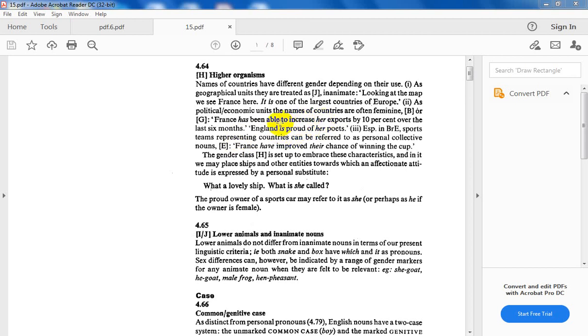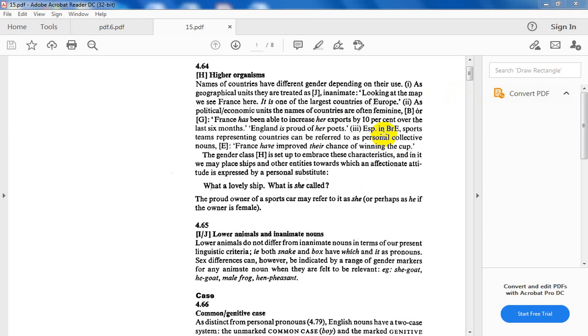Again, you see here: England is proud of her powers. Here, consider "proud"; the context is political. But it can be treated as "they" if I'm talking about sports or sport teams.